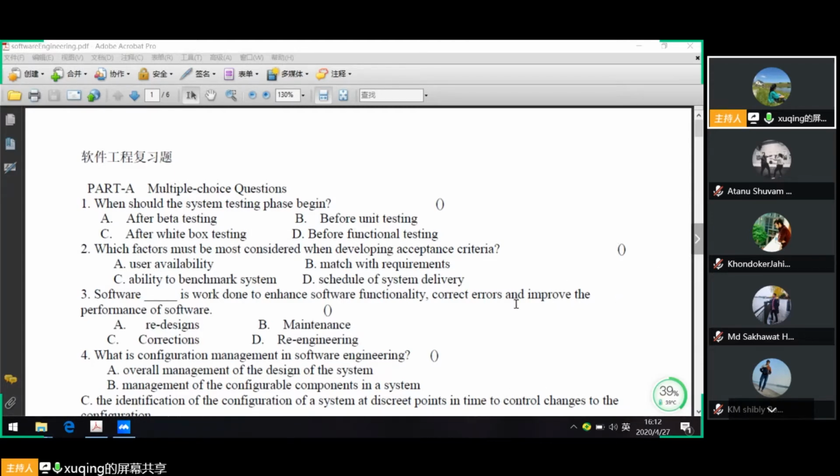Do you remember the three different types of user testing? Alpha, beta, and acceptance. Very good. Thank you very much, Kaya.